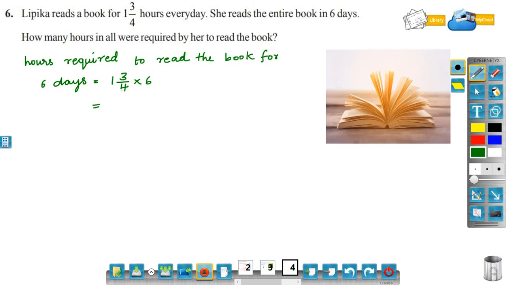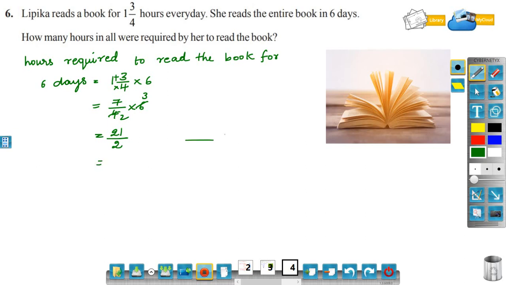Now convert this into an improper fraction. 4 into 1 is 4, plus 3, 7. 7 by 4 into 6. See here, 6 and 4 are divisible by 2. 2 2s are 4, 2 3s are 6. So 7 3s are 21 by 2.